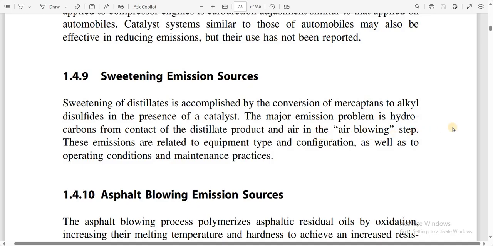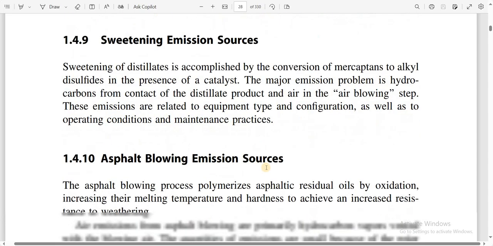So whenever there is an air blowing stage, the air can leak from that source, right? So this is the major problem in this sweetening emission source. These emissions are related to equipment type and configuration, as well as to operating conditions and maintenance practices.